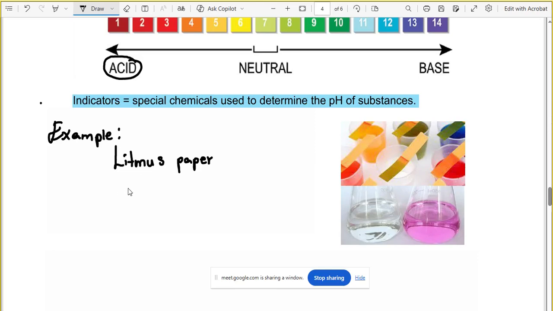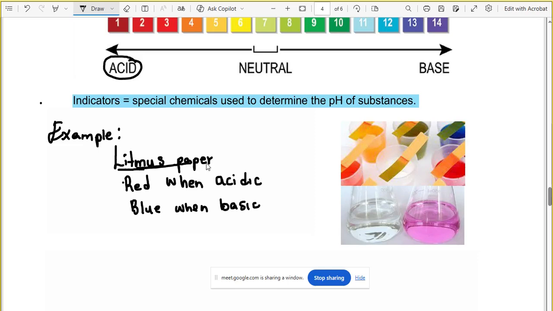So just note that this paper will turn red when it's acidic, and it will turn blue when it's basic. So when it's blue, just know that it's basic, and when it's red, it's acidic. So we indicate this thing. You understand?